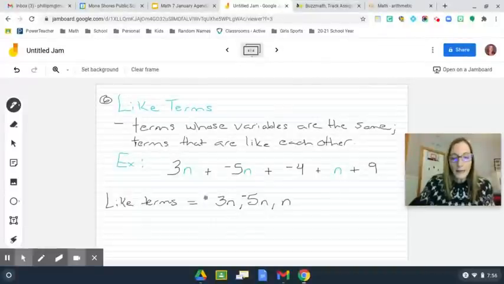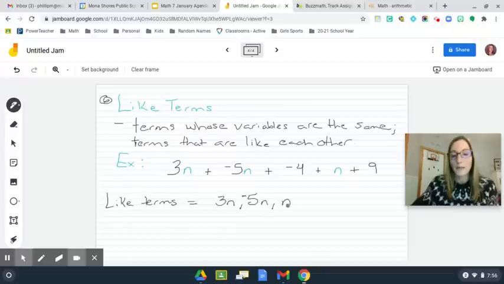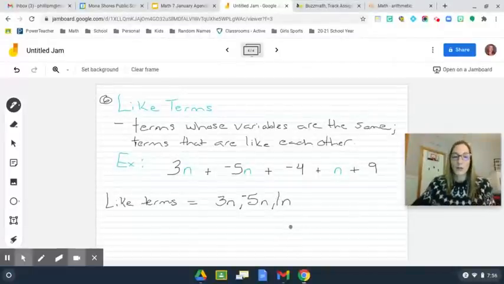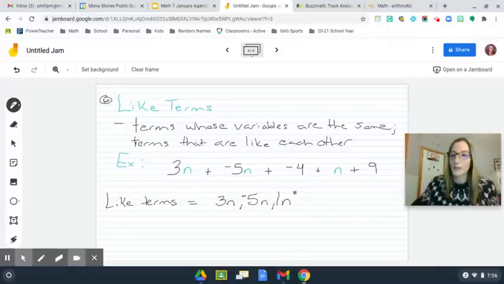They're the same, they're like each other, they have the same variable. Each one of these has an n next to it. And if it makes you feel better, you can put a 1 in front of that n, like we just talked about above. Those are like terms.